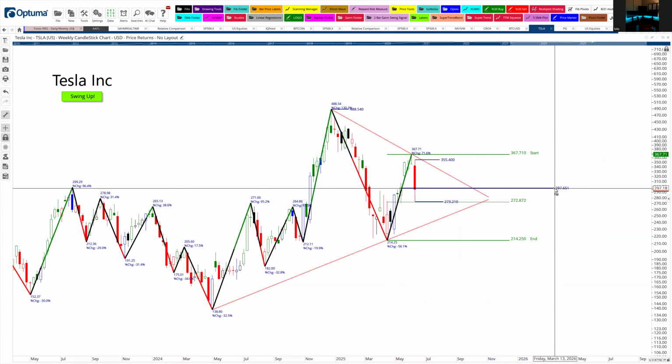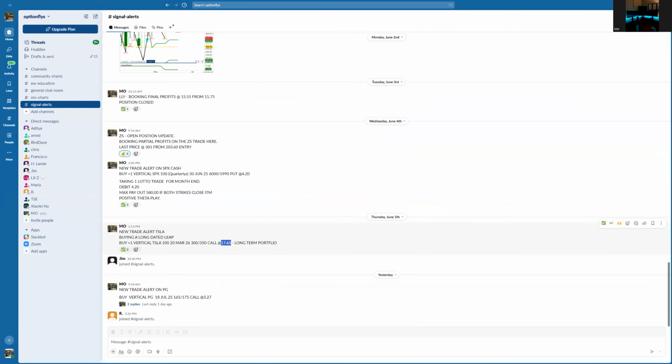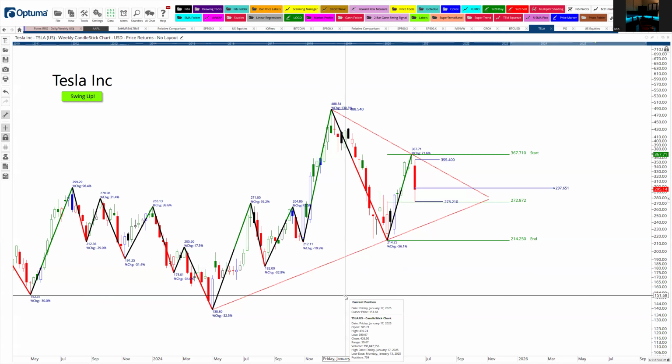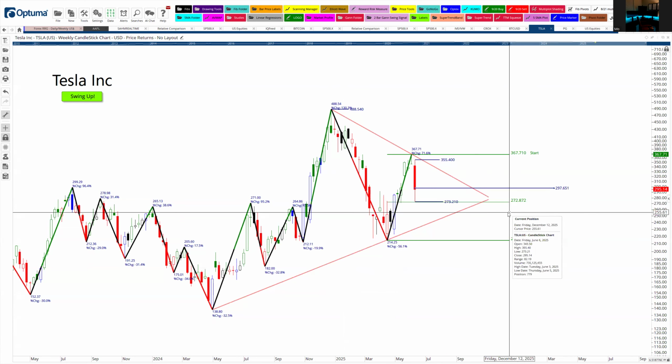I'll take it. So let's see what the next 50-point move plays out. What am I at risk on this one? 1,765. With 1,765 on a 50-point move, if I can make another 850 bucks, perfect. Then I'll roll another one. Just keep doing it.